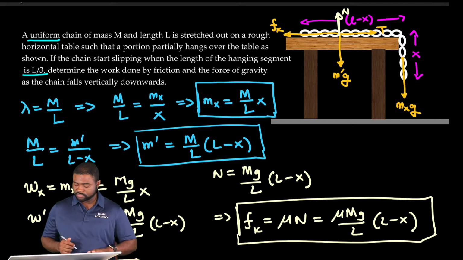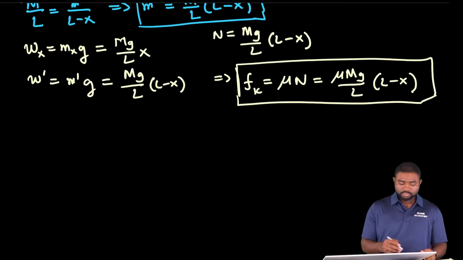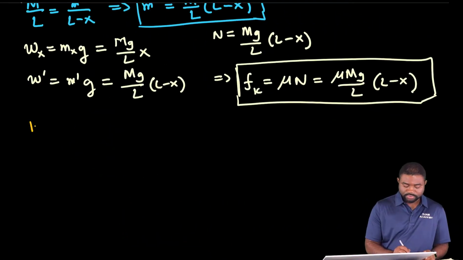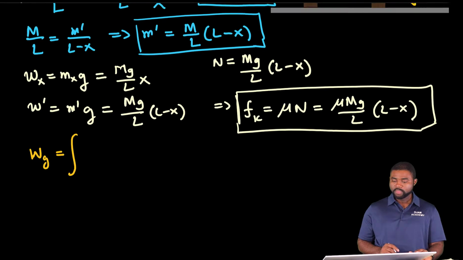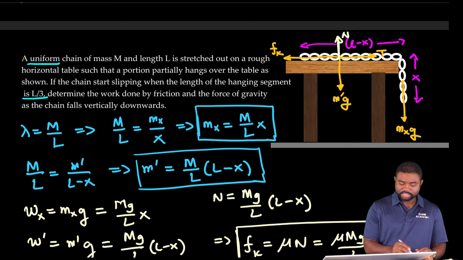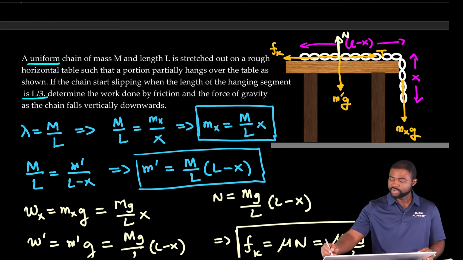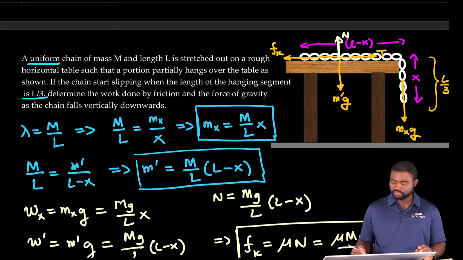Now the next step is for us to calculate the work done by gravity and the work done by the friction force. So the work done by gravity will be equal to the integral. Remember that the chain starts slipping when this distance is L over 3.